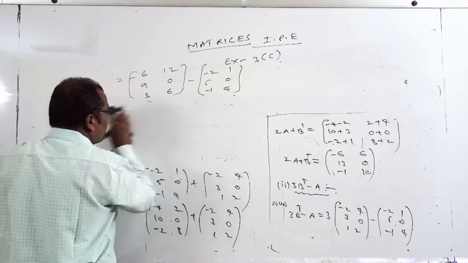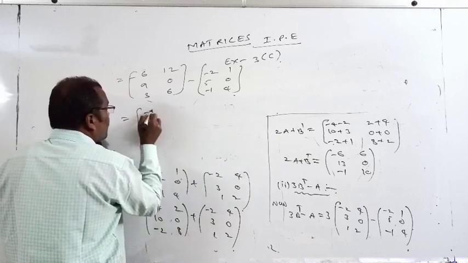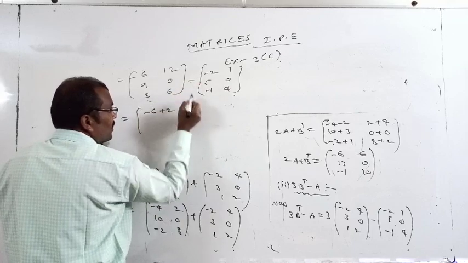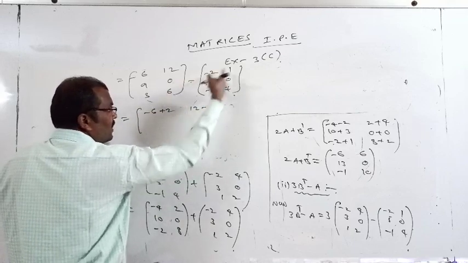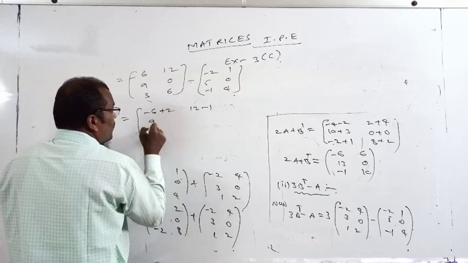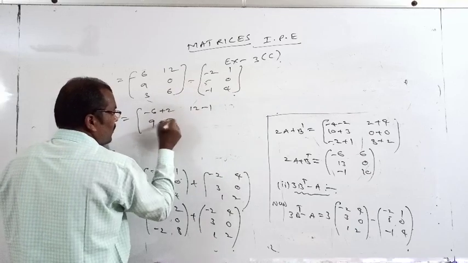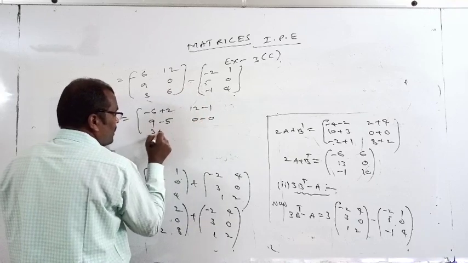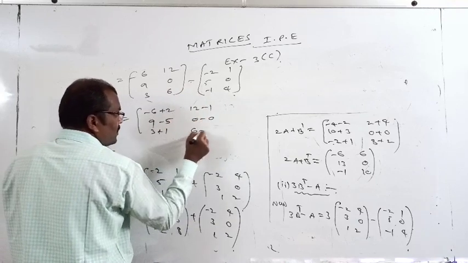So we have a minus between them. Minus 6 plus 2, 12 minus 1, 9 minus 5, 0 minus 0, 3 plus 1, 6 minus 4.